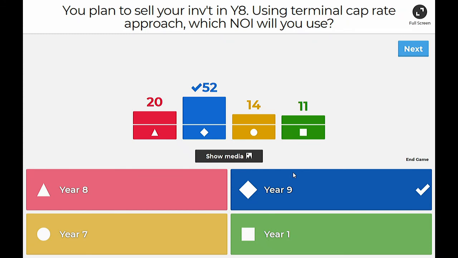Any new investor coming in wants to know what the potential of this property is to generate cash flows. They're not going to care how great it was before they came in. So that's why when we're using terminal cap rate, we're looking at the year after we're intending to sell it. So it's going to be year 9.